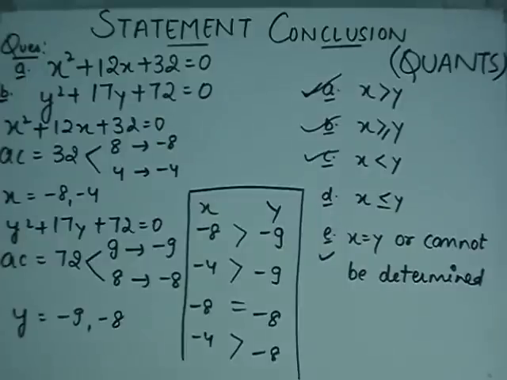That's all about statement conclusion in quants. Mostly you will get 4 to 5 questions, and everyone knows how to calculate the roots. But while maintaining a relation, no one is able to find the correct relation.